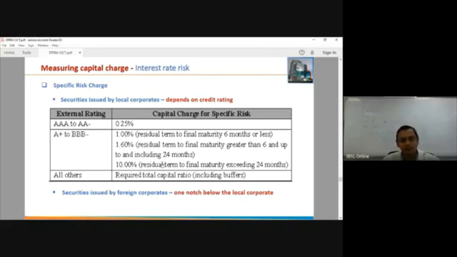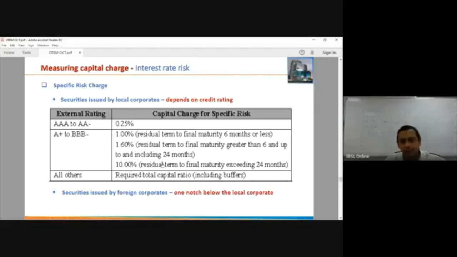So remember, what you need to remember is the specific risk charge. The charge depends on the external rating and time to maturity. In the case of a Sri Lankan government or Sri Lankan central bank instrument, the specific risk charge is 0 for the local government and local central bank.